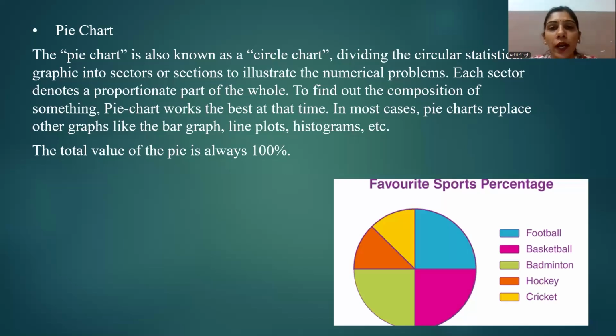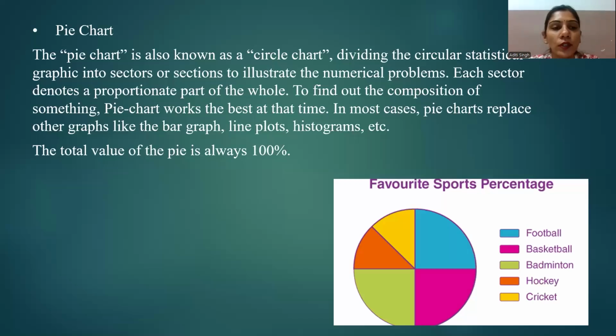To find out the composition of something, pie charts work best. In most cases, a pie chart can replace other graphs like bar graphs, histograms, plots, etc. A pie chart can easily represent portions of data in a simple form which can be understood by any person.